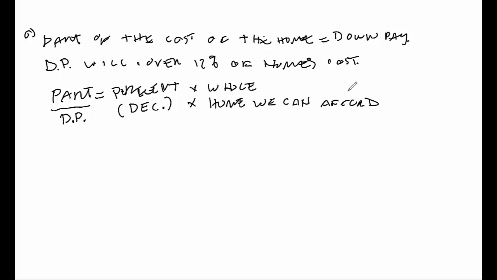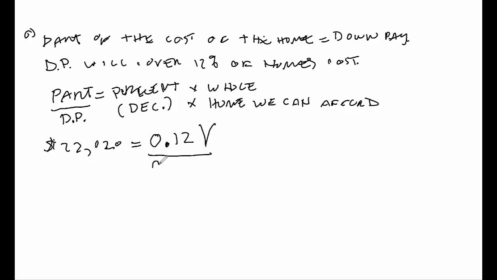So in our case, we're given the part, that's the $22,020 that we have set aside for this purpose. The percent is the 12%, but we must convert that always into a decimal. And the home we can afford, we'll call that V for the value of the home.